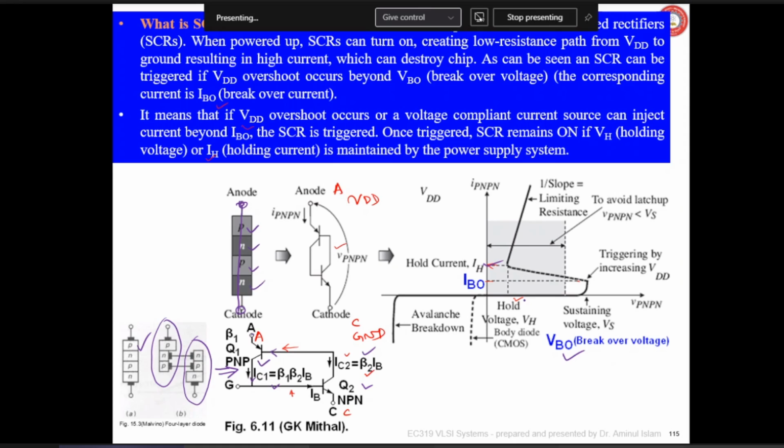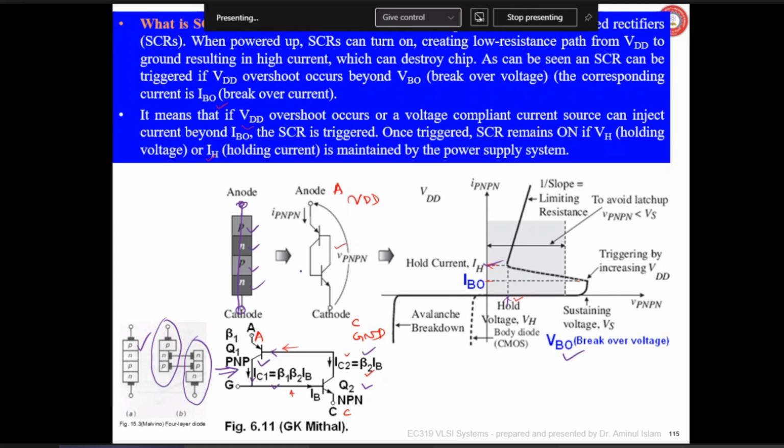So initially the breakover voltage must be crossed, and then only the hold voltage will be good enough to sustain this. So this is what SCR is. Could you understand from this? Yes, sir.